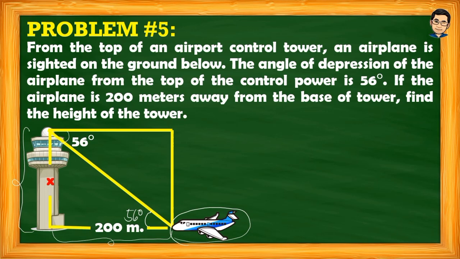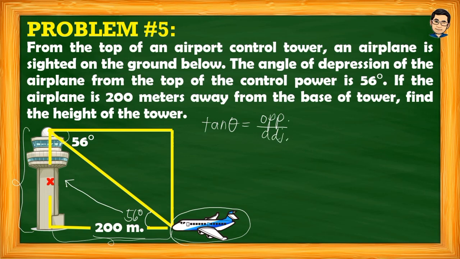Next, para makuha yung height ng tower, so ang gagamitin nating function is tangent pa rin. Kasi kung ito yung 56 degrees, ayun yung opposite side niya, yung x. Ito naman yung adjacent side, yung 200 meters. Kaya naman, ang gagamitin talaga natin is tangent. So, tangent theta is equal to opposite over adjacent.